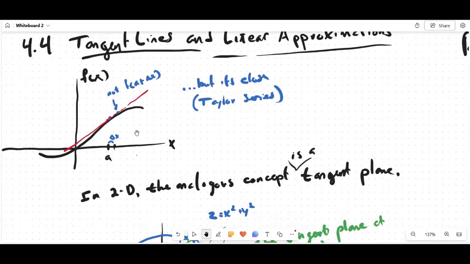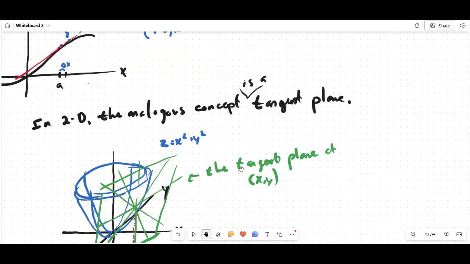You probably remember having to do problems that said something like, use a linear approximation to the function f to evaluate f of some weird point. So we're going to want to do that here in 2D as well.